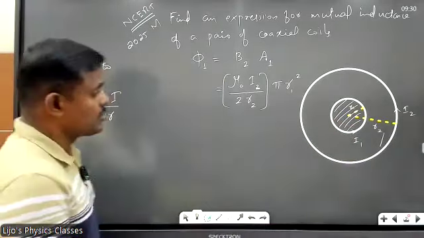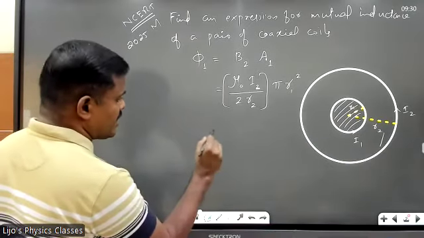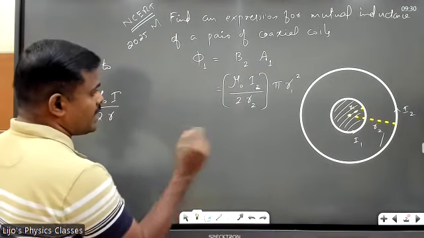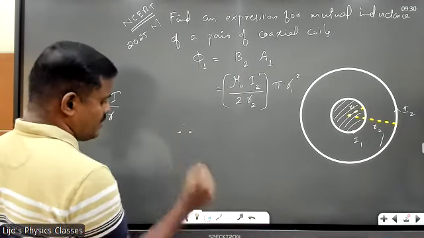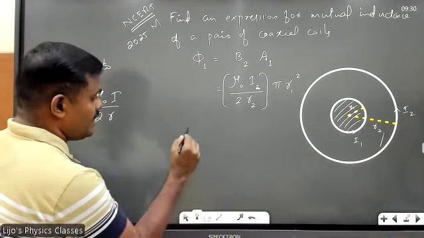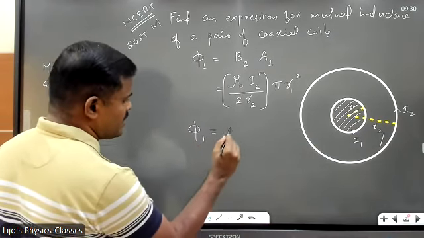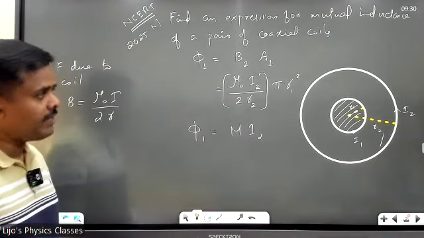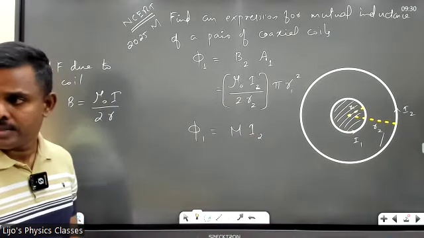Let us complete this. You can keep it this way, no problem. Therefore, write this: phi 1 is equal to M I2.